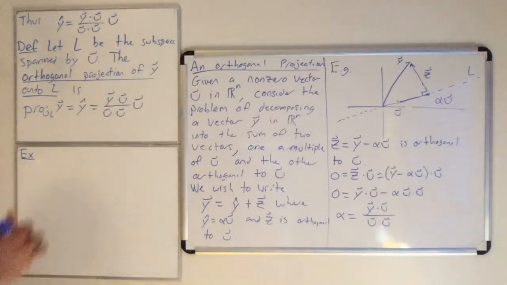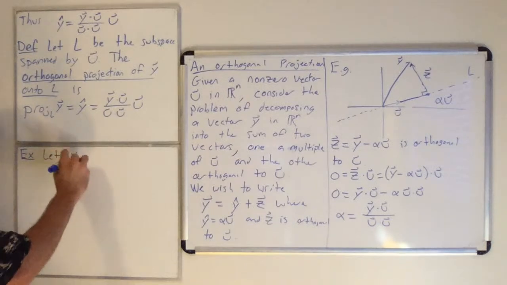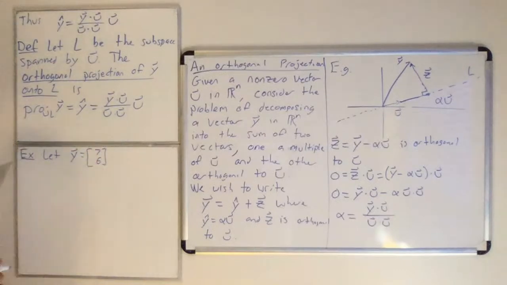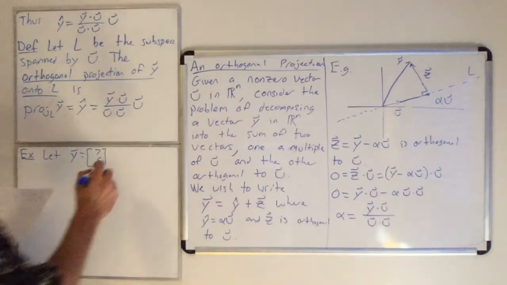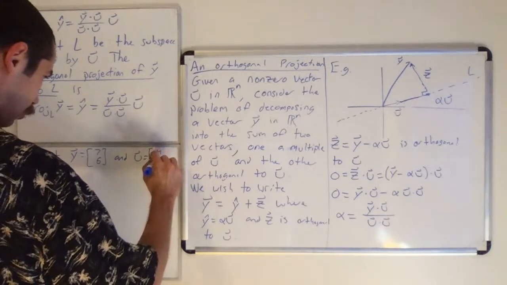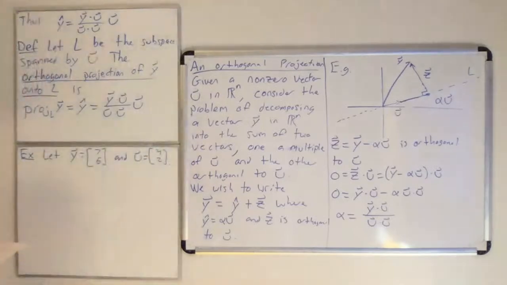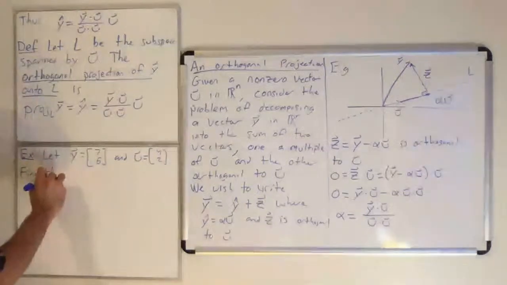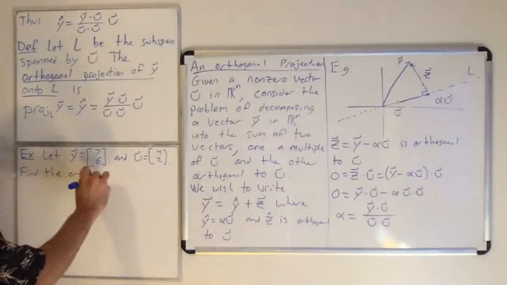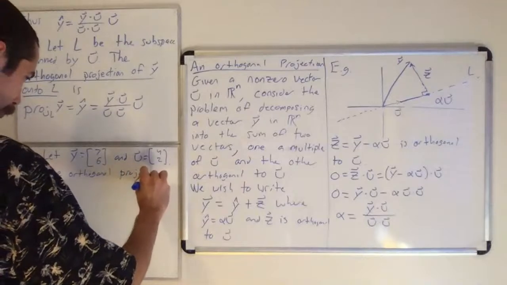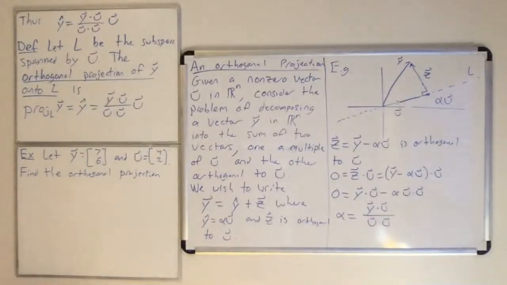Okay, so the example is: let y be the vector 7, 6, and u be the vector 4, 2. Find the orthogonal projection of y onto u.